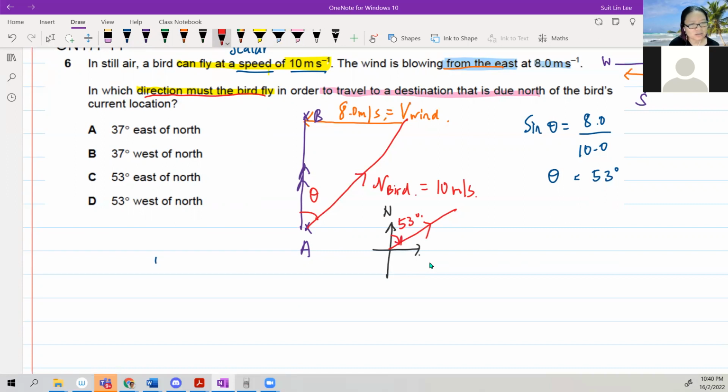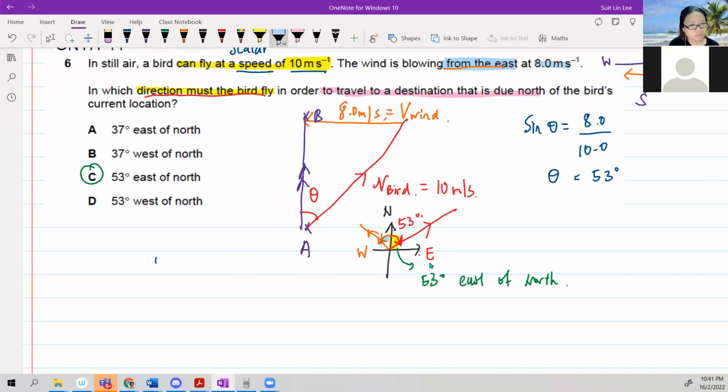You either turn here 53 degrees towards the east, or you can turn this direction, which is west. So this highlighted yellow direction is 53 degrees east of north, which is what we want.